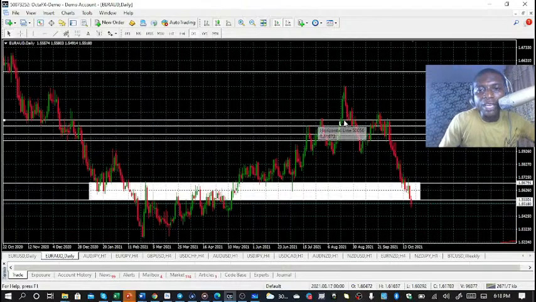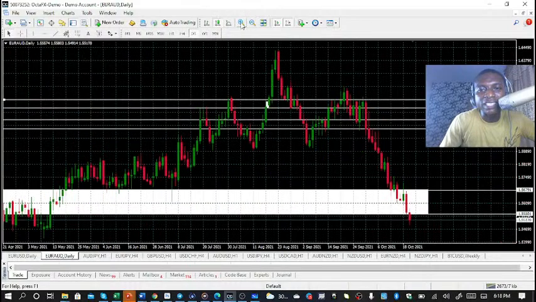This level is the level of resistance, because price was resisted strongly at this level.